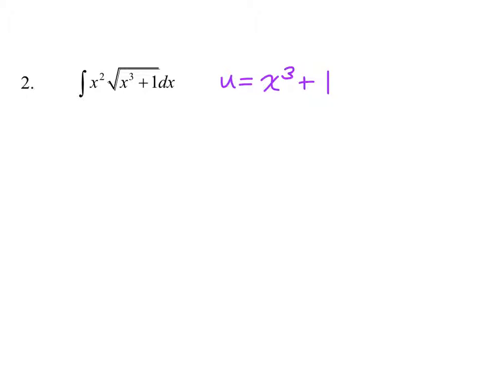I would select the x cubed. Now it's a question of, do I want the x cubed or the x cubed plus 1? Now you might say, well, I'll just take the x cubed part. But when you really think about it, the 1 is going to go to 0, so it doesn't make a difference. And if you can wipe out an entire chunk of the integral in one shot, and by wipe out, I mean replace it all with a simple u, that's the best you can hope for.